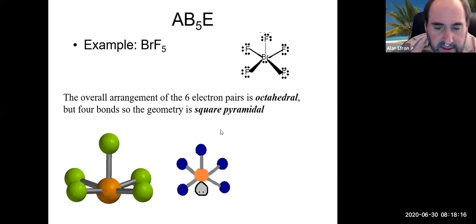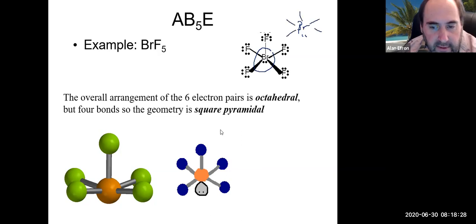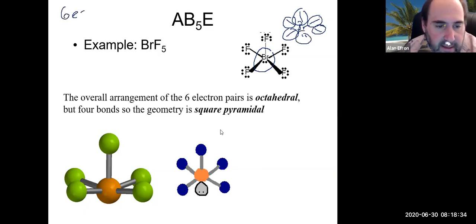And our last geometry, thank goodness, right, is our central atom that has 6 electron pairs. So as you can see here, 1, 2, 3, 4, 5, and 6 electron pairs. And in this case, 5 bonds. So just like before, 6 electron pairs. Again, in terms of electron pair geometry, not going to change.